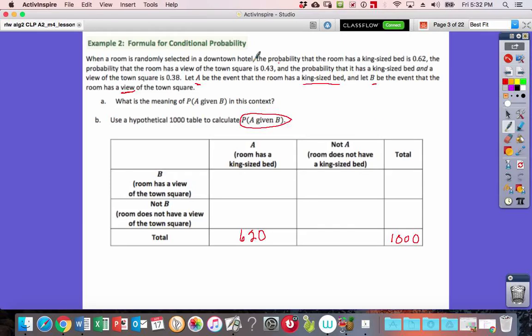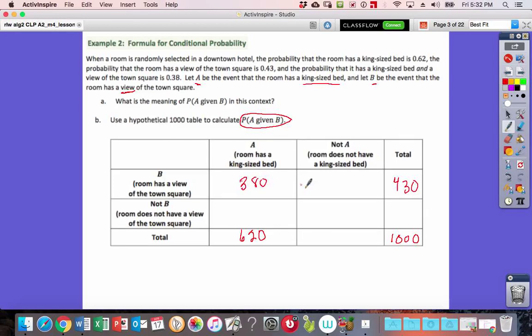The probability the room has a view of the town square is 430 or 43%. And the probability that it has a king-size bed and a view is 0.38.